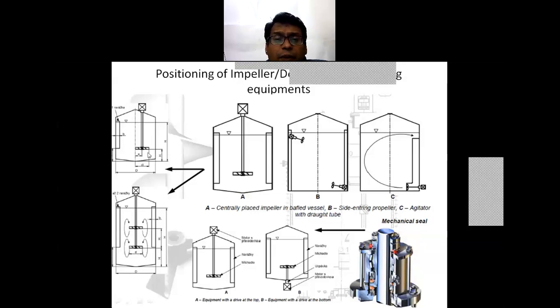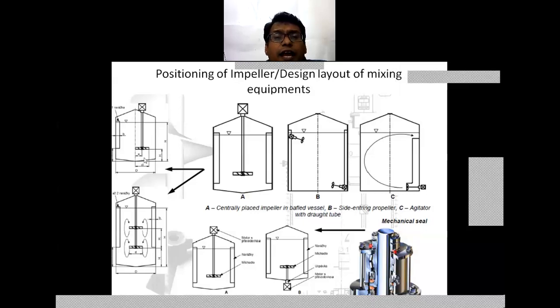One is centrally placed and another is off-center, that is, not situated in the center. So centrally situated and off-center is one type. Then single impeller and multiple impellers is another type.